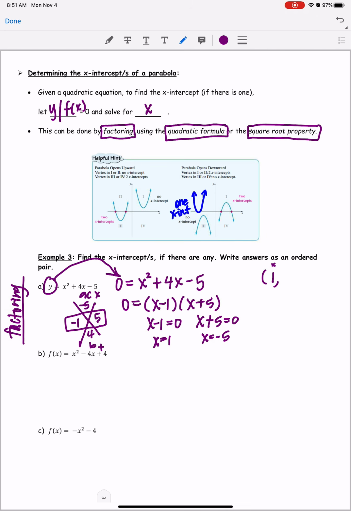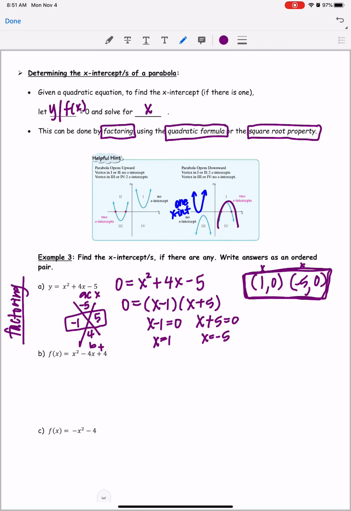We put in 0. Your second ordered pair is x equals negative 5, and your y is still 0. These are my two ordered pairs.